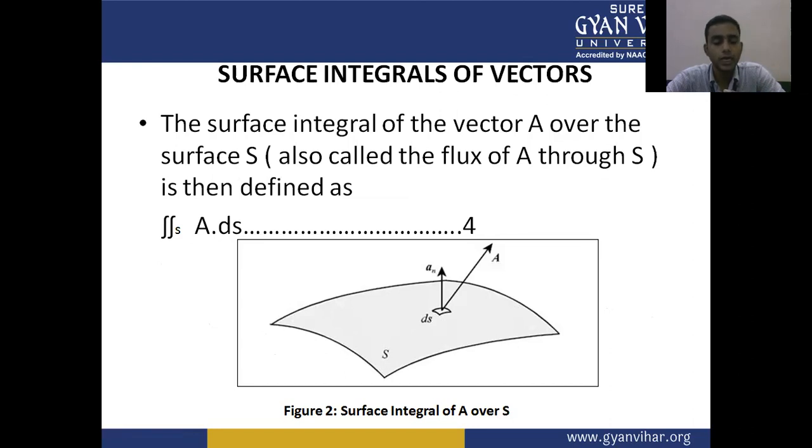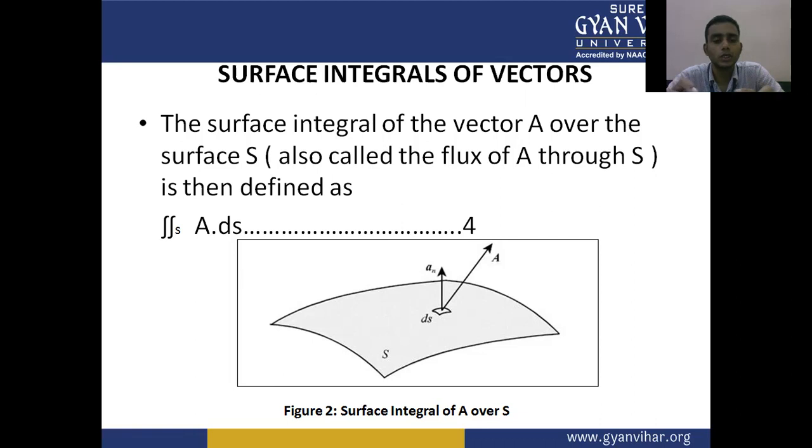The figure shows the surface integral of A over S. Vector A is shown, and the unit vector a_n is the normal to the surface, and dS is the differential surface.